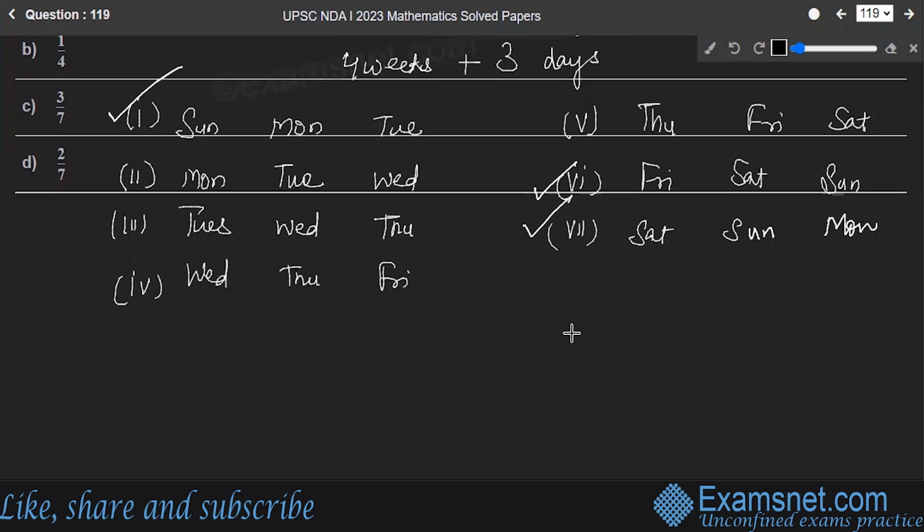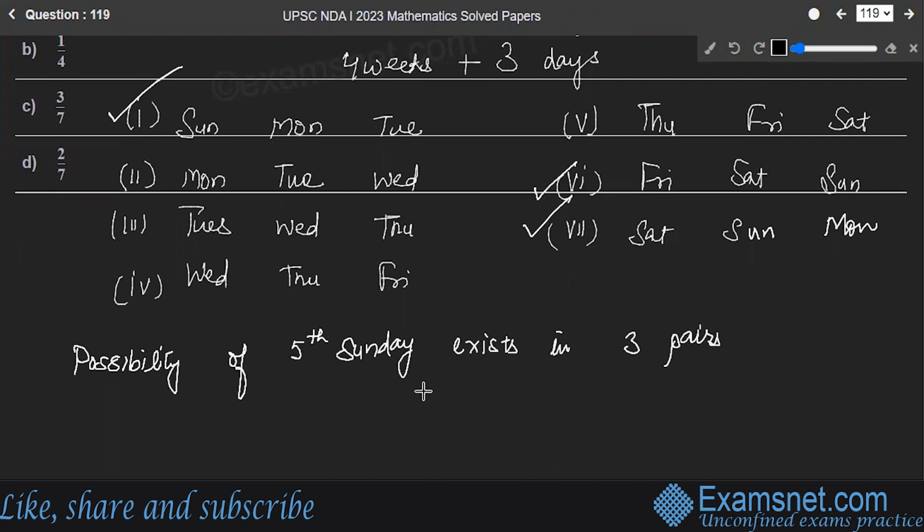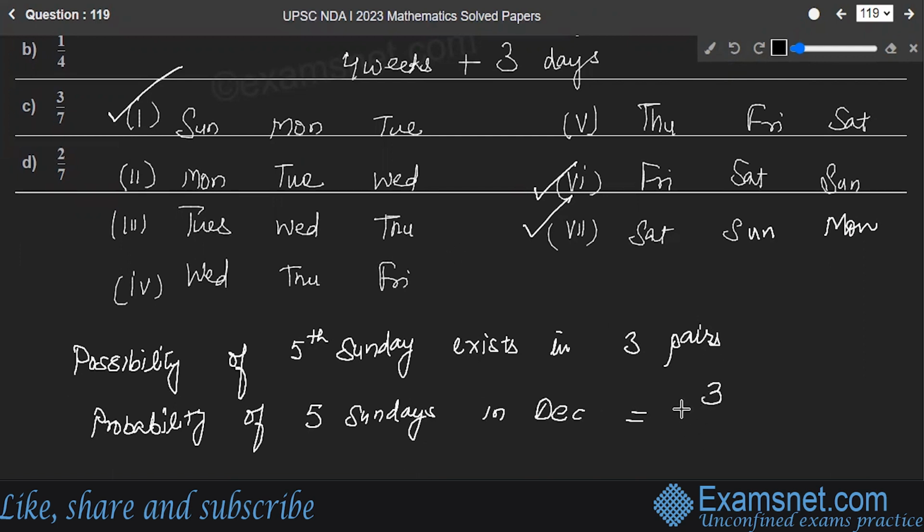That means the possibility of a 5th Sunday exists in 3 cases. So the probability of 5 Sundays in December is given by the number of favorable cases, that is 3, upon the total number of cases, which is 7.